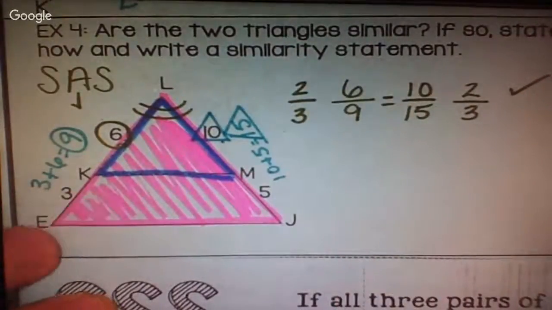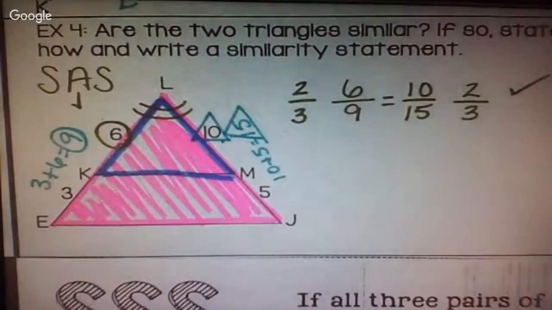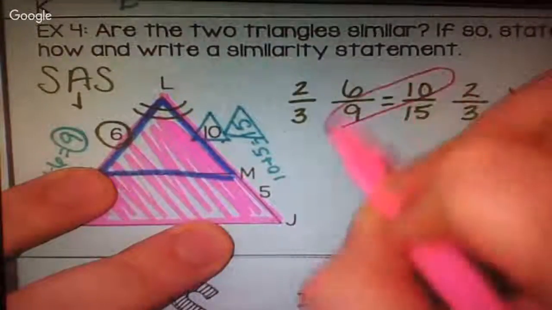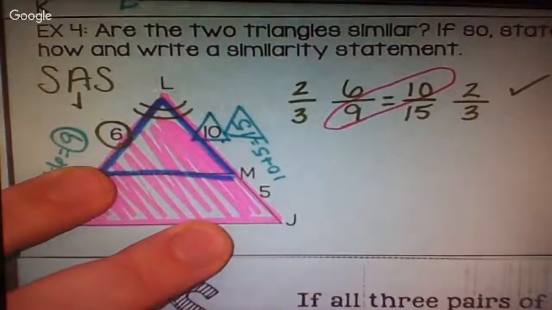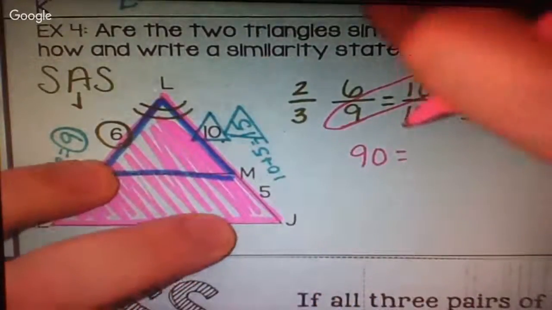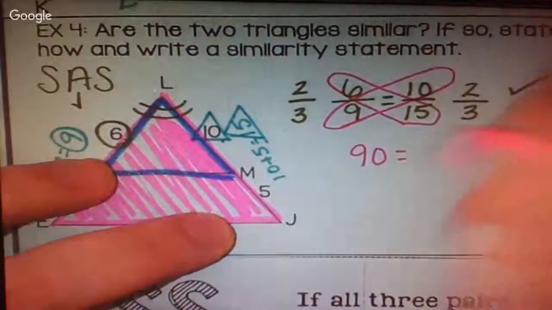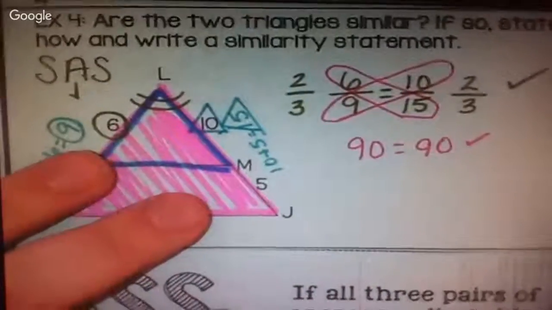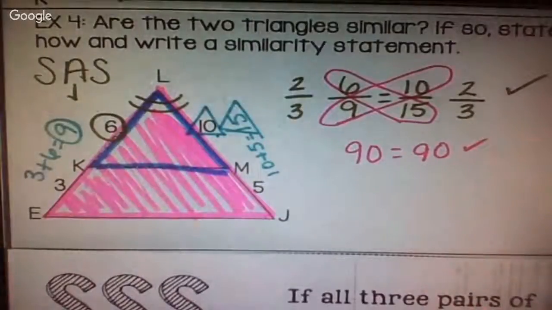Yes. If you prefer the butterfly method, I'm going to do the butterfly method. 9 times 10 is 90. 6 times 15 is 90. So again, I don't care which way you do it.